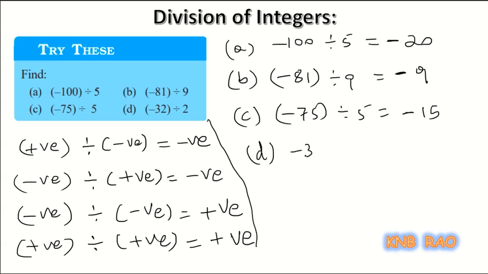And when minus 32 is divided by 2, since 32 by 2 gives you 16, and negative by positive number gives you negative. So in all these cases, since the dividends are negative and divisors are positive, you are getting negative quotients.